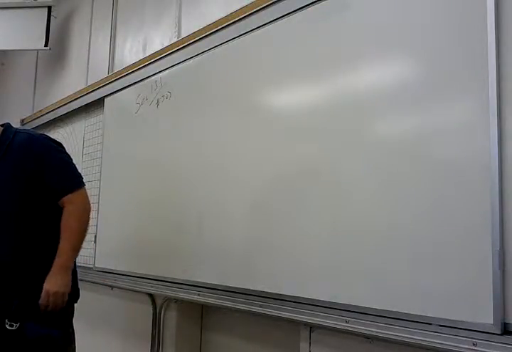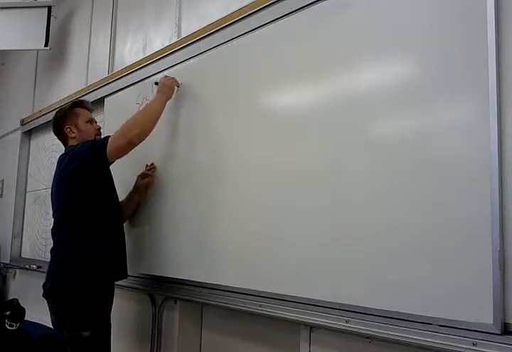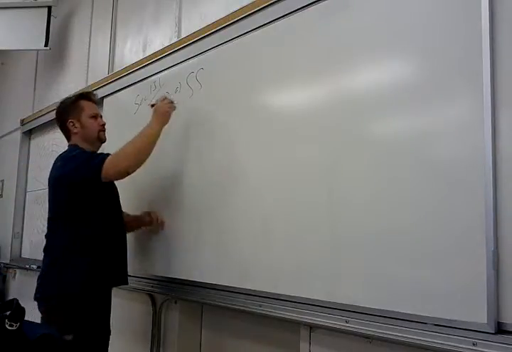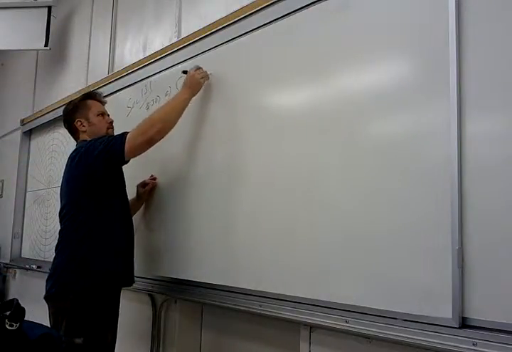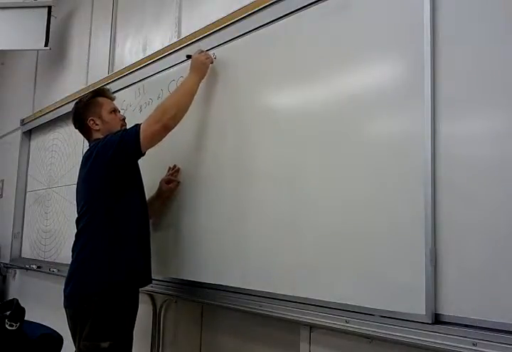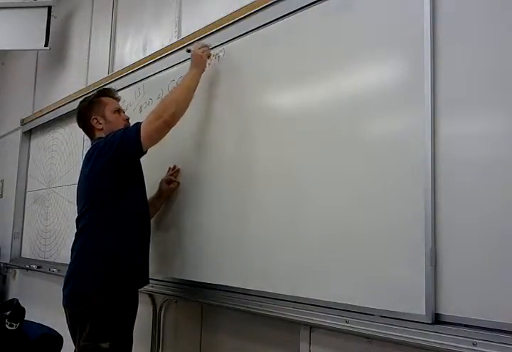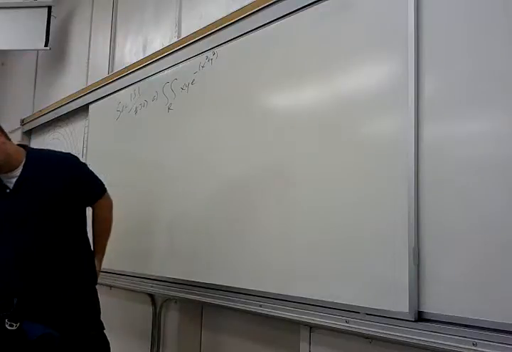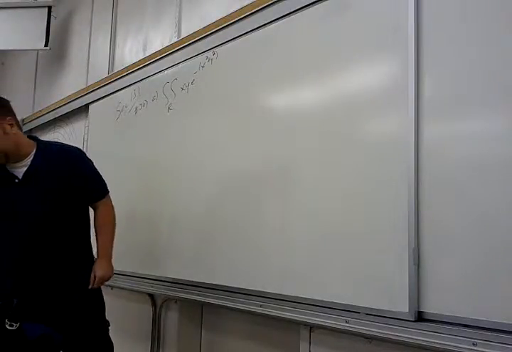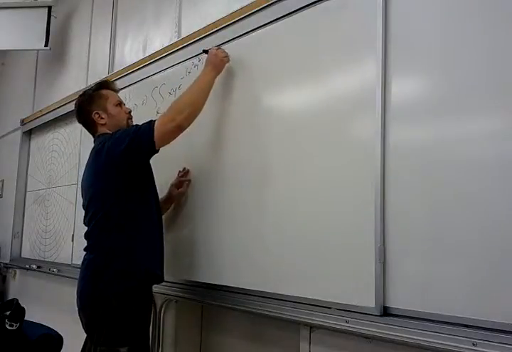Oh, okay. Oh, yeah. So they want you to evaluate these using symmetry to make it different limits. The region they're doing this over is negative a to a, negative b to b.